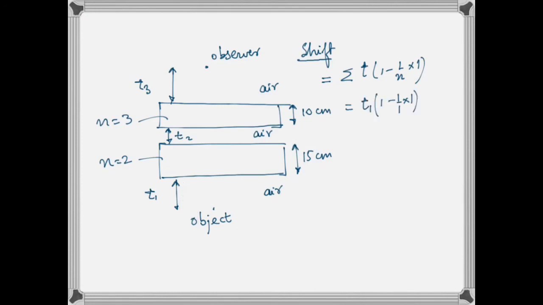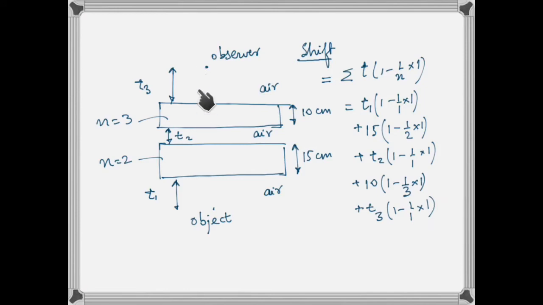So T1, 1 minus 1 upon n, where n is air, into 1, plus 15, bracket 1 minus 1 by 2, into 1, plus T2, 1 minus 1 by 1 into 1, plus 10, 1 minus 1 by 3, into 1, and plus T3, 1 minus 1 by 1 into 1. So this is the shift.